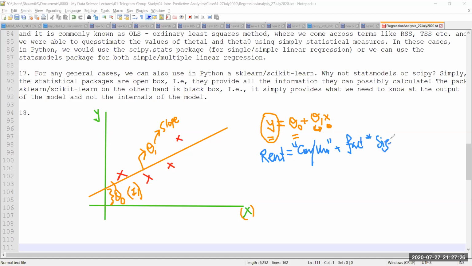This is how you practically represent the output. What is this factor? This is the factor which is impacting the size of the house.